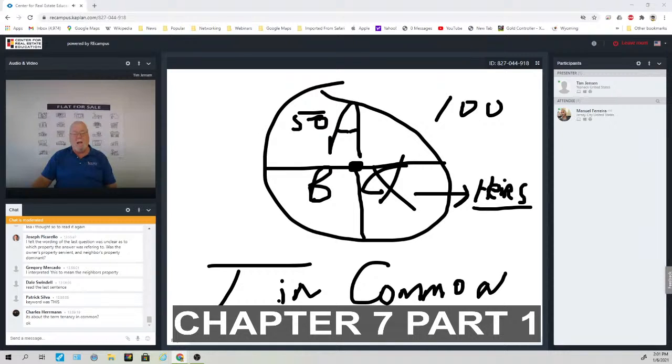So if C dies, now A, B, and C's heirs own the property as tenants in common because of what is known as inheritance. A, B, and C own property, C dies, his heirs get his share. It's just that simple. That's tenants in common.